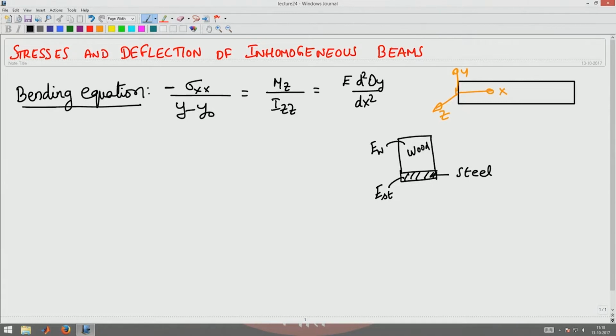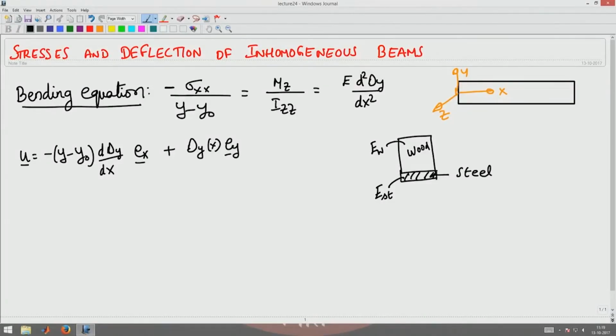If you recollect, in the initial lecture on beams, we said that the displacement of the beam u is given by minus (y minus y naught) into d delta y by dx in the x direction, plus delta y as a function of x in the y direction. This was the displacement field that we got by assuming that sections initially normal to the neutral axis of the beam remain plane and normal to the neutral axis after deformation.